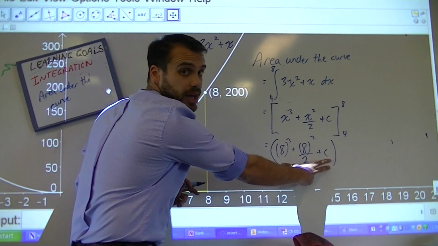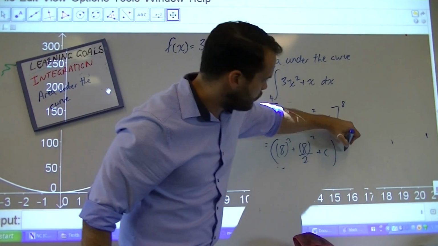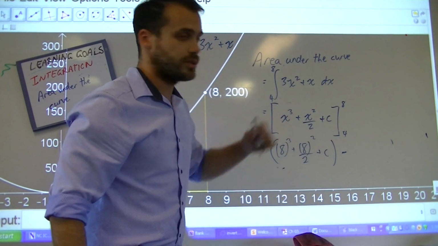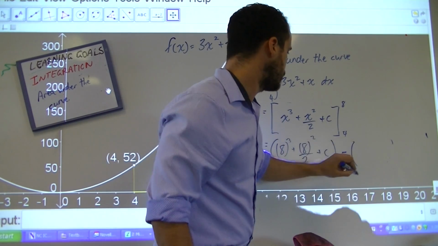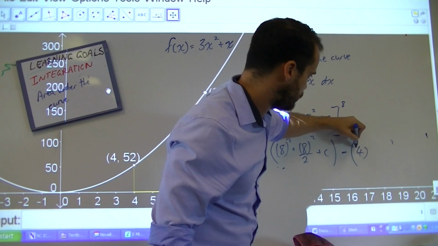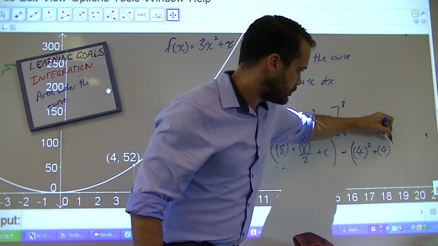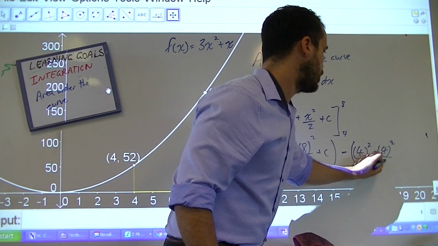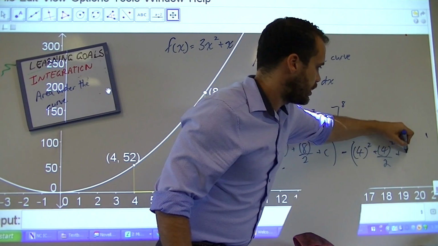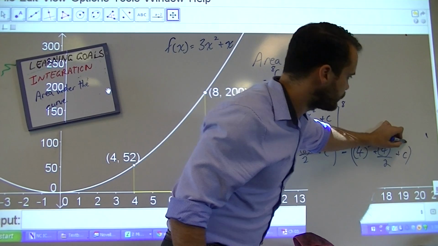Okay, that's subbing 8 into the equation, and then we're going to subtract 4 subbed into that equation. So 4 cubed plus 4 squared over 2. Again, the plus c on the end there.